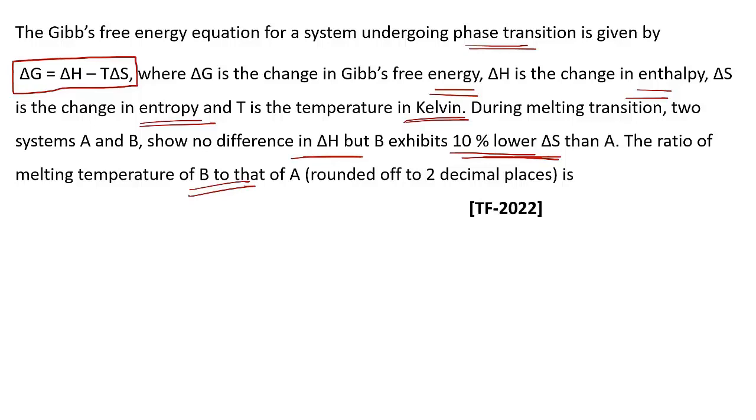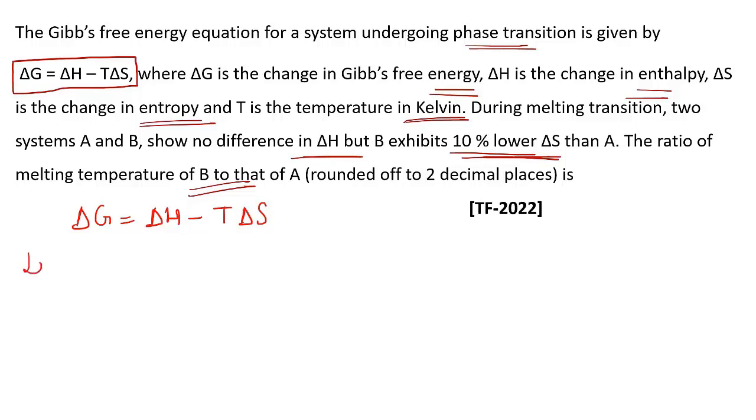In this question, we have to solve for delta G equal to 0, so delta H equals T delta S. The equation given is delta G is equal to delta H minus T delta S.